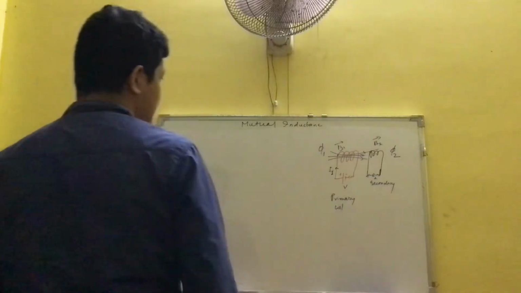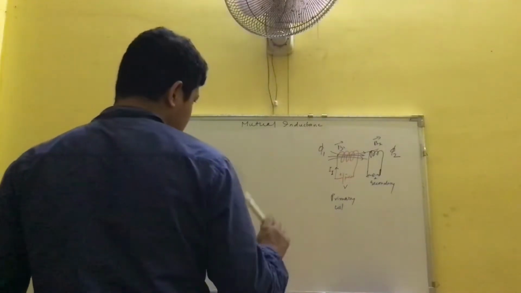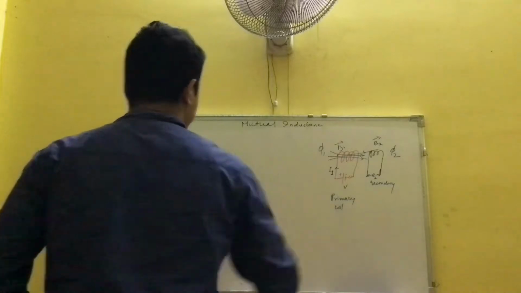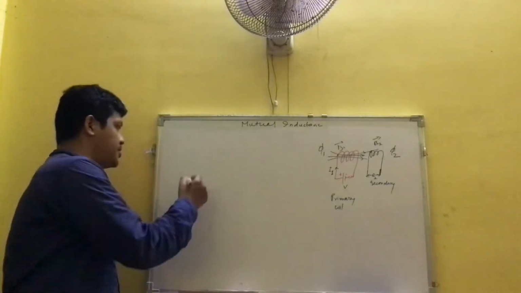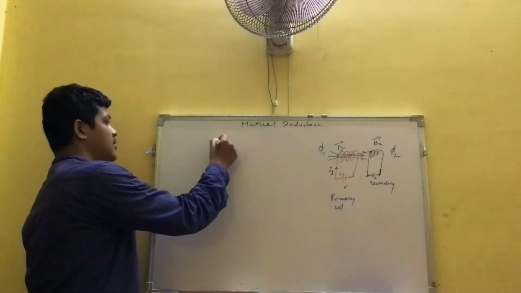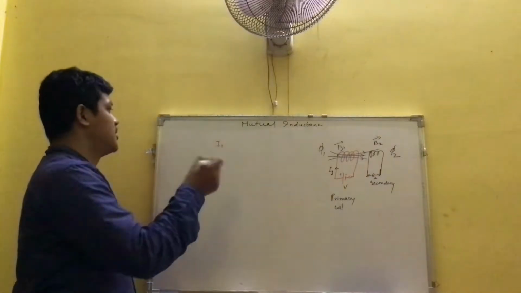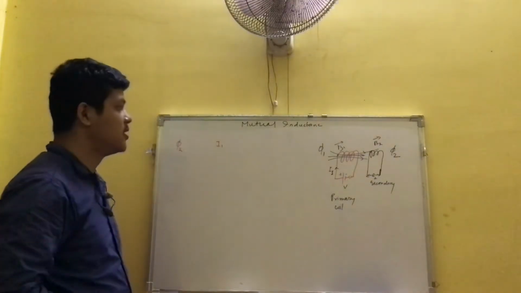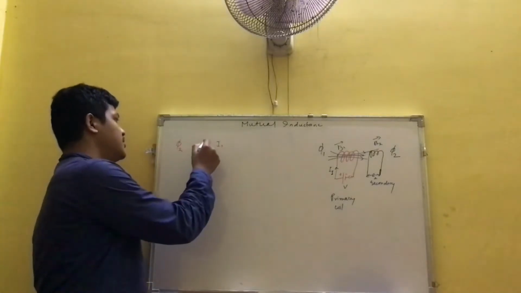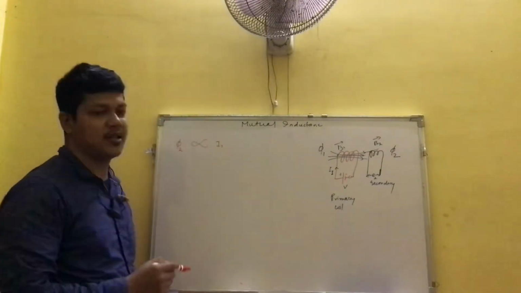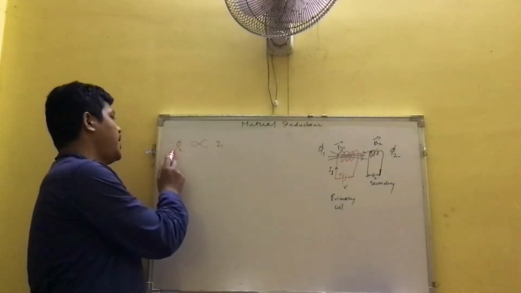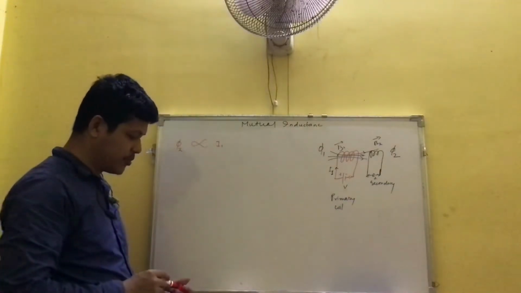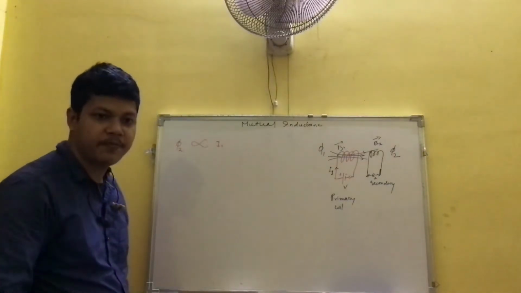So what will happen here? Due to changing I1, there will be change in phi 2. So that's why this phi 2 is directly proportional to I1, right?